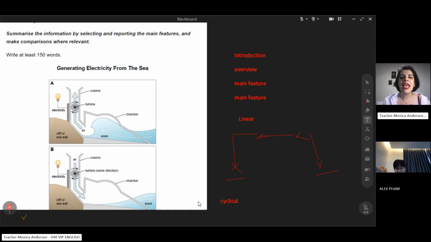It starts with the raw material, like water, going in at, for example, one point, and finishes in the product. So raw material and product, something like this. So this is the first form of our process diagram. And then we have another one that is cyclical. So that's like this. Let me show you.